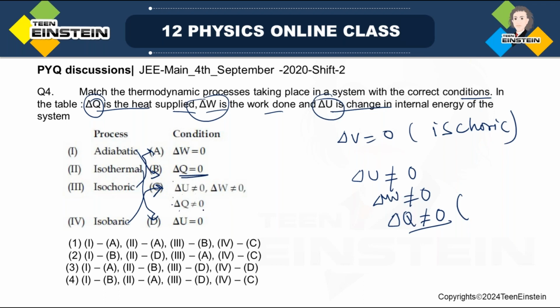In isobaric process, delta Q not equal to 0, delta U not equal to 0, delta W is also not equal to 0. Okay, let me then see the options which match. So adiabatic process goes to B. Then isothermal goes to D. Then isochoric process, work done 0.